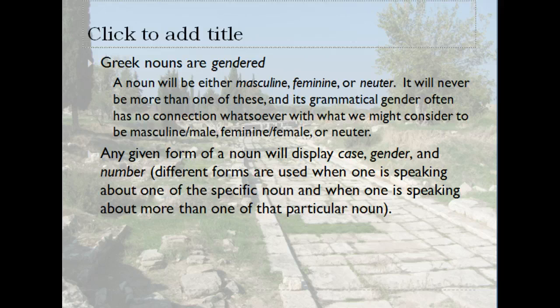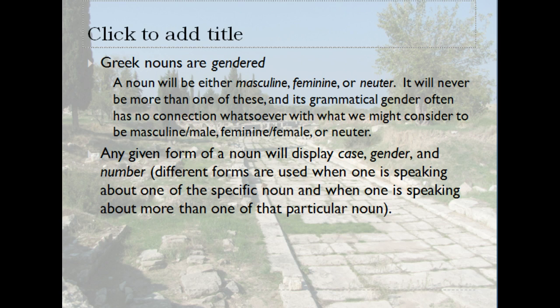There is nothing particularly masculine about a book, but it is le livre in French. It is grammatically masculine. There is nothing particularly feminine about a fish, but in French it is la poisson. It is a feminine noun.